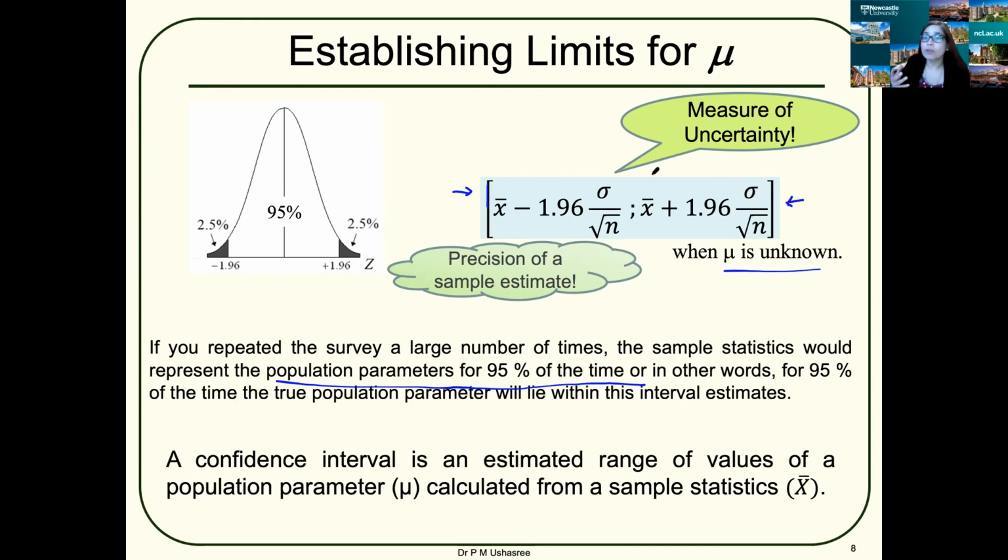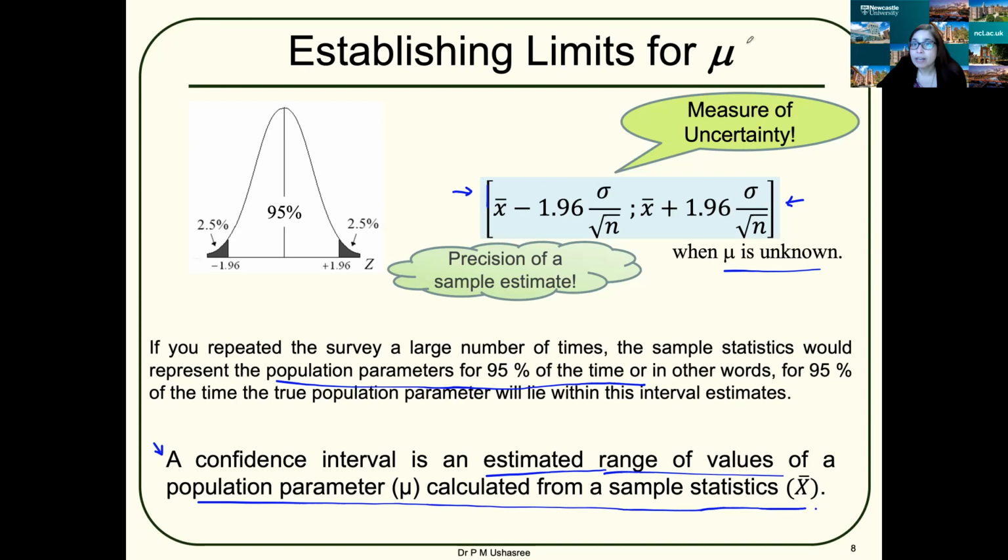It gives us a degree of uncertainty of an estimate, and helps us to decide how precise a sample estimate is. In other words, a confidence interval is an estimated interval of numbers for the population mean, or an estimated range of values of a population parameter calculated from a sample statistic.